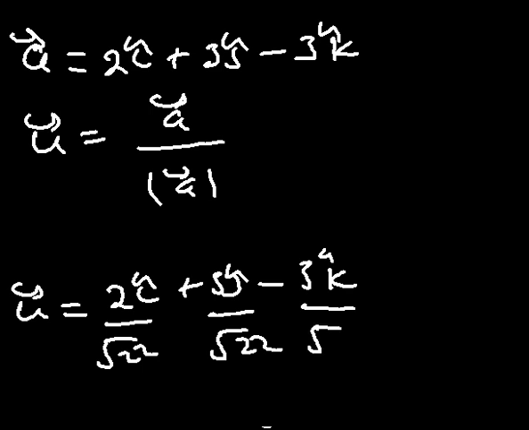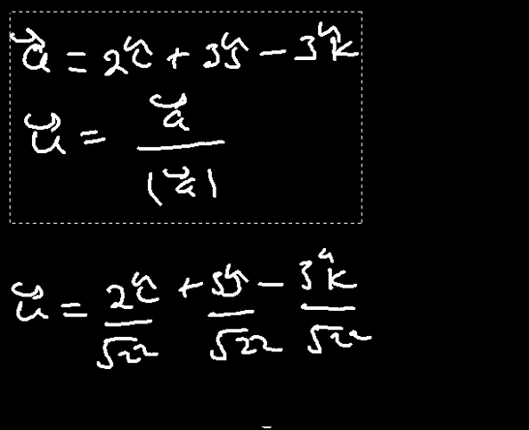And you understand that the magnitude of this vector will be equal to 1. That is the unit vector, and it is in the same direction as vector A. So take note of that.